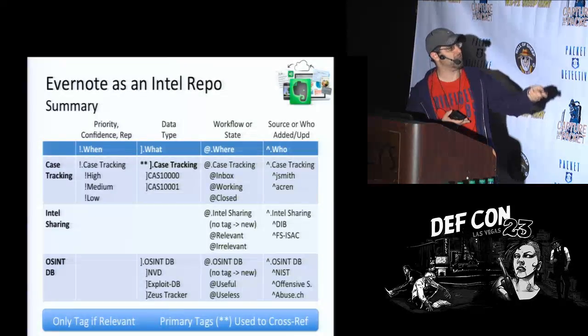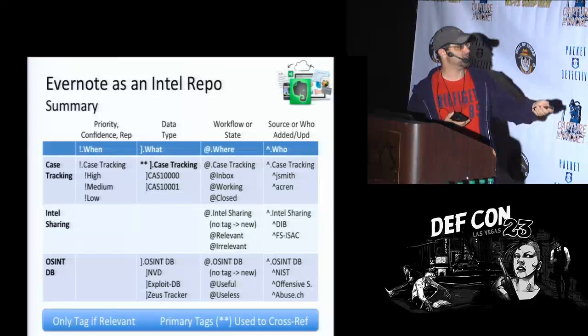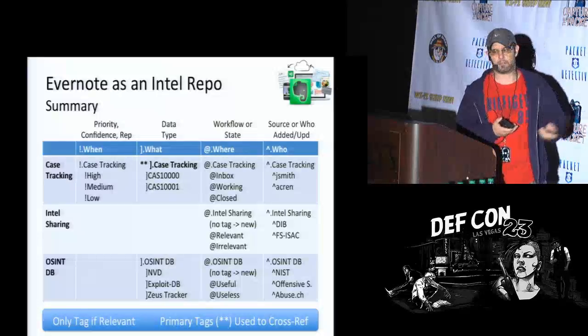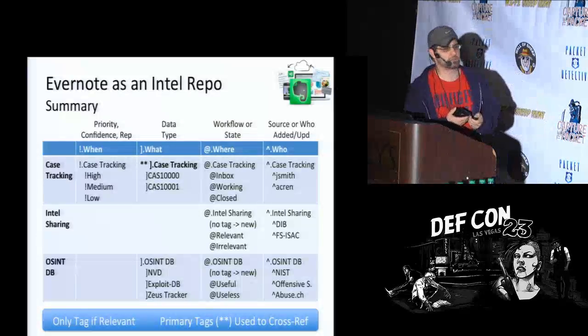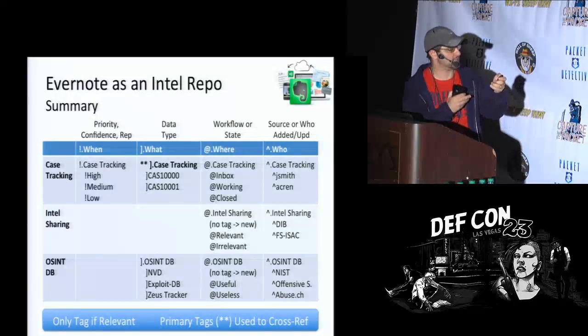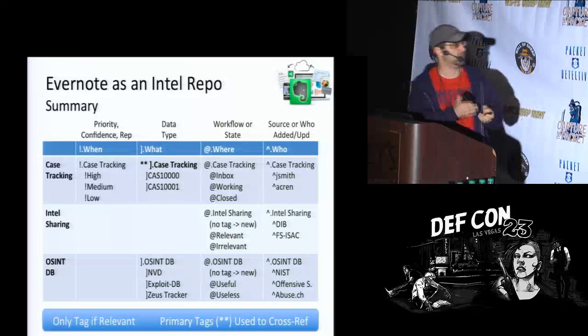I had to play with these because I had to use different words, since I couldn't use relevant and irrelevant for the OSINT DB because they're using the same tagging structure and they would cross the streams. And then lastly, "who": who worked this case, for intel sharing who it came from, and lastly, like I talked about, who the OSINT came from.